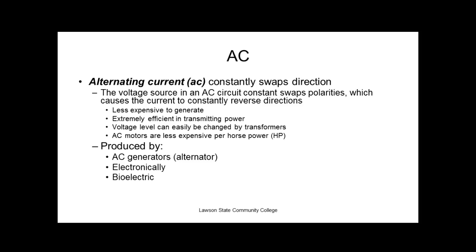Voltages can be easily changed using transformers. DC and transformers don't get along. So we can change the level of the voltage real easy with these devices called transformers. AC motors are a lot less expensive per horsepower. Originally DC had the big advantage of being able to control the speed and the torque precisely.